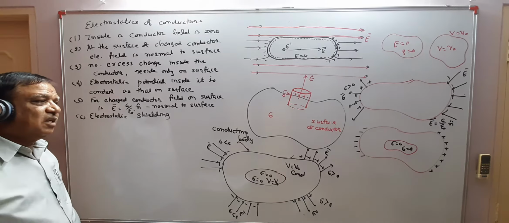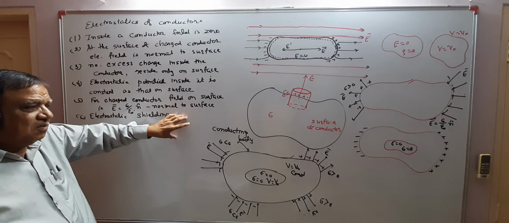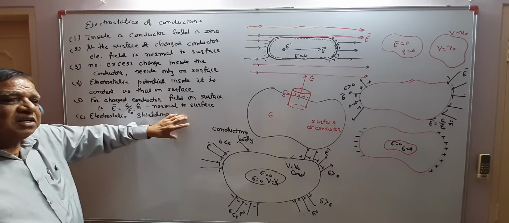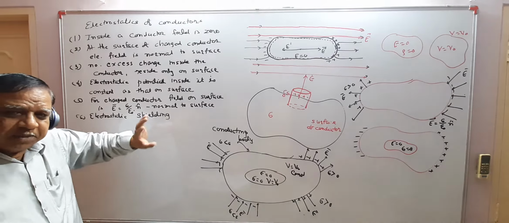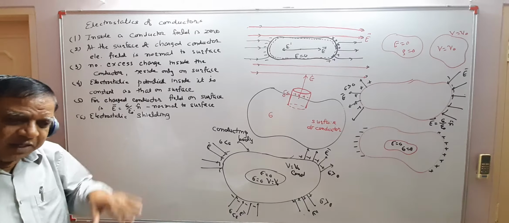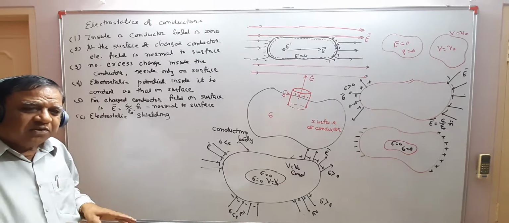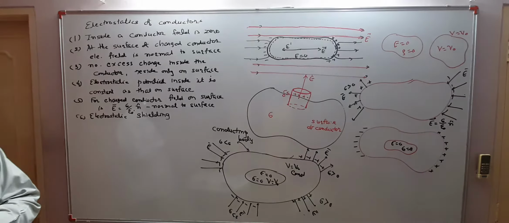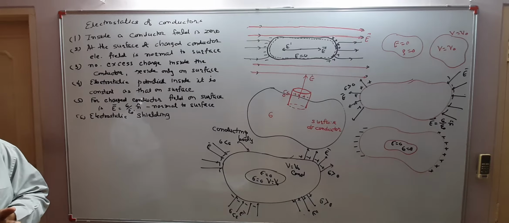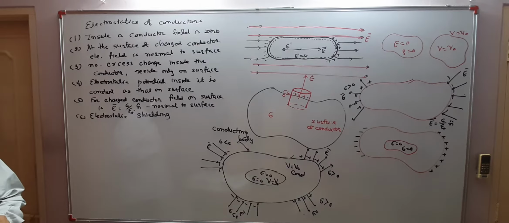Here we are discussing what happens when conductors are placed in an electric field or when we place charge on them. What are the different effects taking place in this case?